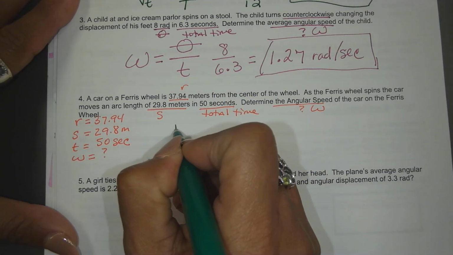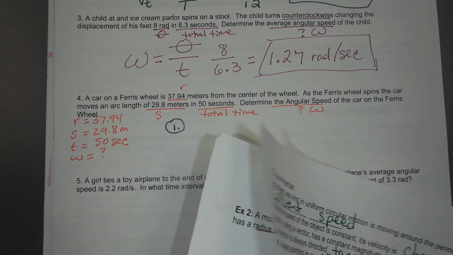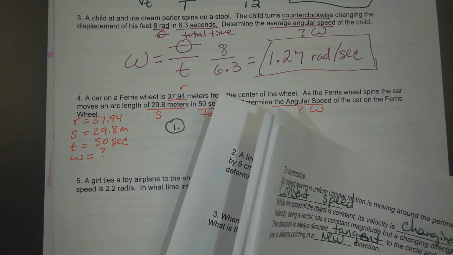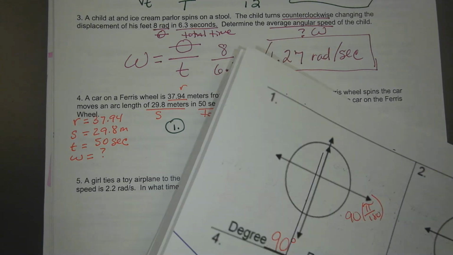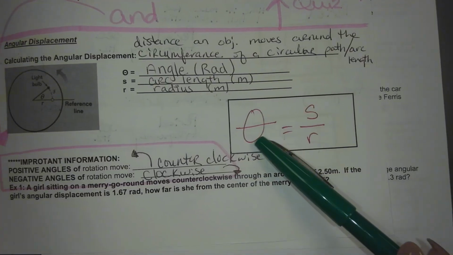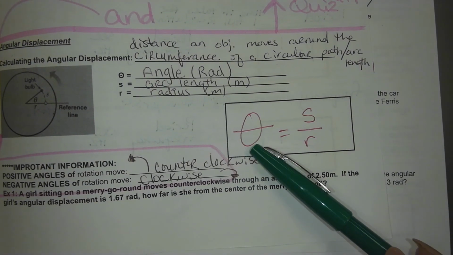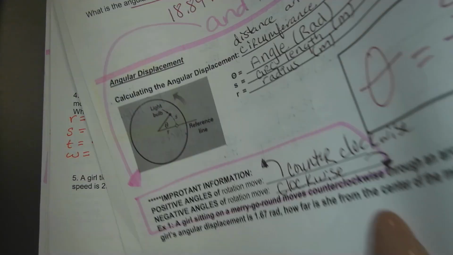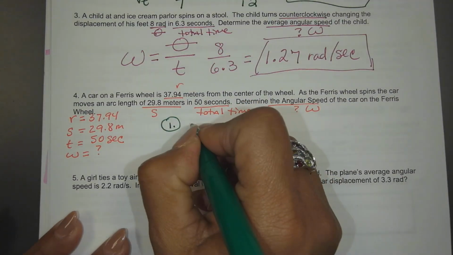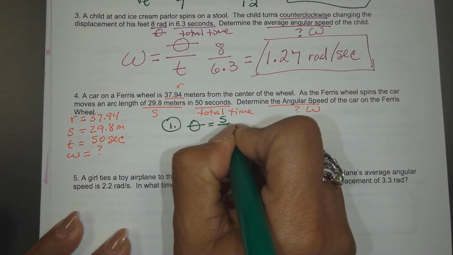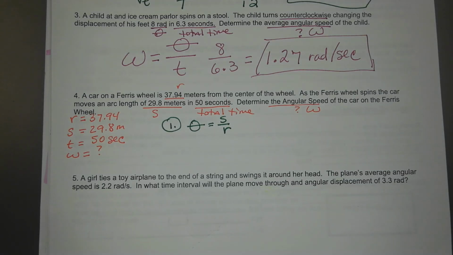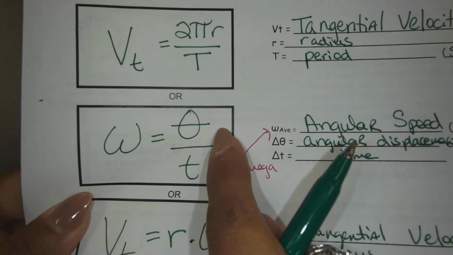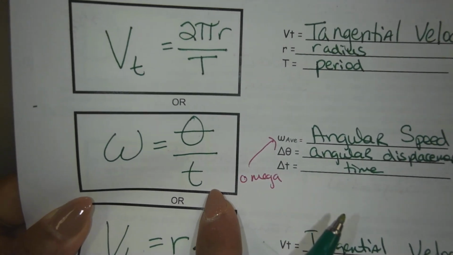I'm going to go back a couple of pages. I don't remember if you recall, but there's this equation, angular displacement equals S over R. We're going to do this equation first. Theta equals S over R. We're going to solve for the theta, and then we can use equation number 2, which is theta over time.